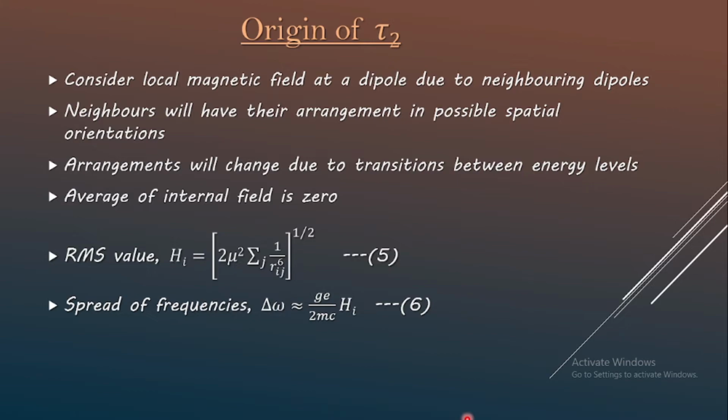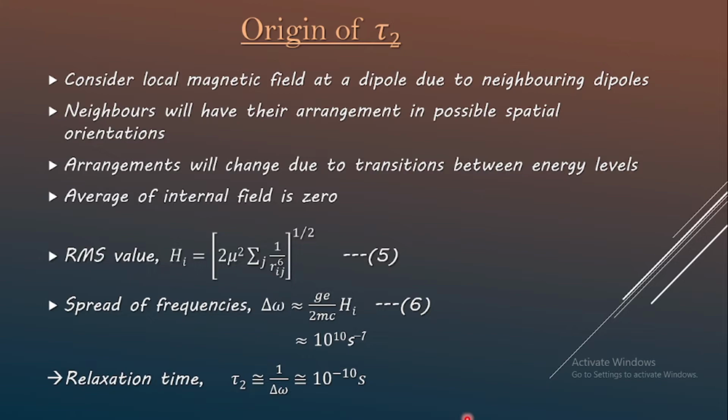If we substitute the values, and also the value of HI by considering a certain number of systems, we find that the spread of frequencies comes to the range of 10 raised to 10 per second. And if we know the frequency, we can find the time, as both are inversely proportional. So the relaxation time, tau 2, will be approximately equal to 1 by delta omega, which is approximately 10 raised to minus 10 second.